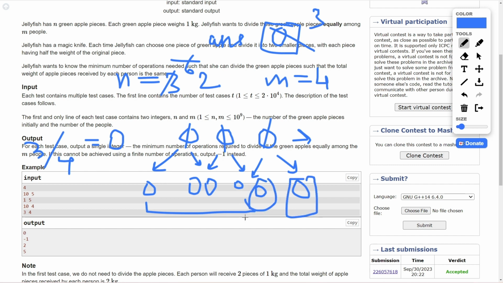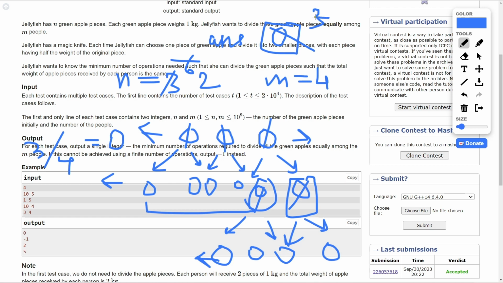Again we will divide it. Now we have 4 smaller pieces. I am saying smaller pieces, you can also think of it as weight. Like these were 1 kilo apples, these were 0.5 kg, these are 0.25 kg. So I have done 2 more operations here.